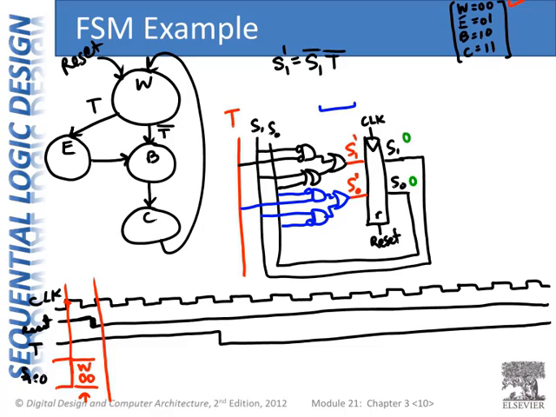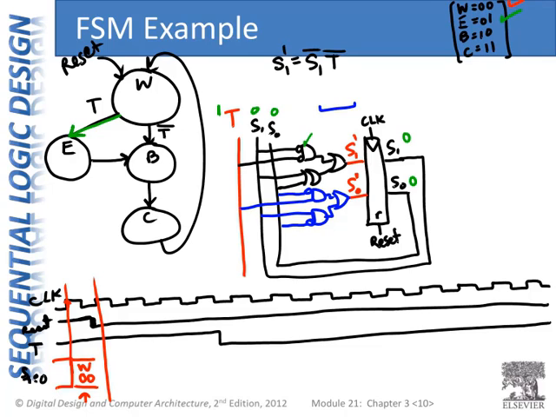So we have 0 on S1, 0 on S0, and we have a 1 on T. So here's 1 on T. So these next state bits are getting calculated. Let's see what those are. If there's time, and we're in the W state, we expect it to be E, the 0, 1 state. Let's see if that actually happens.